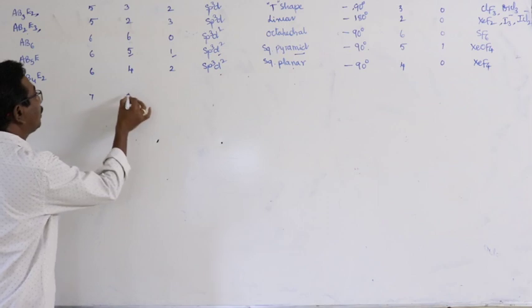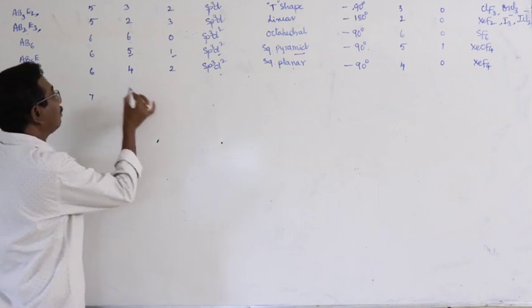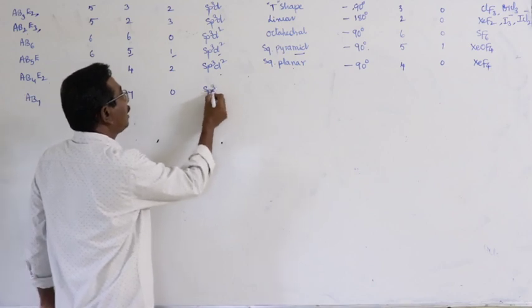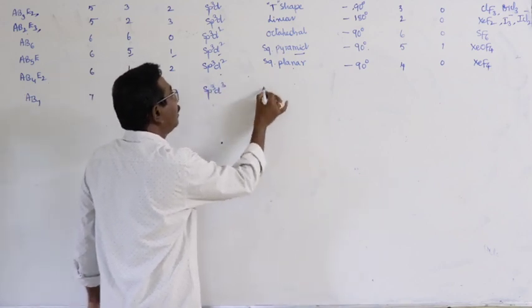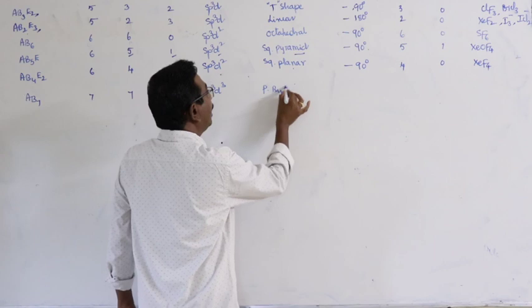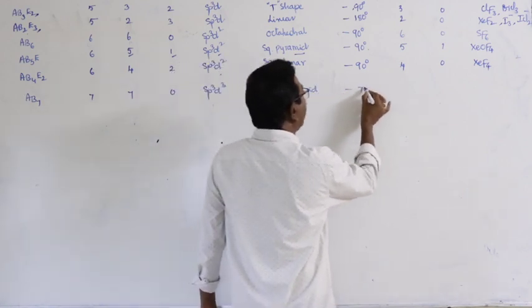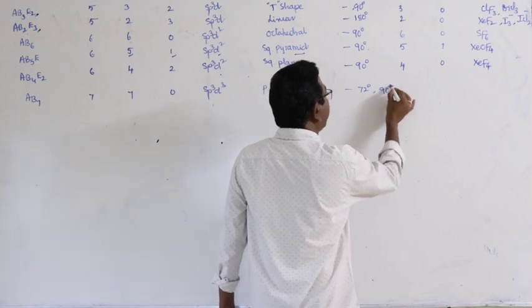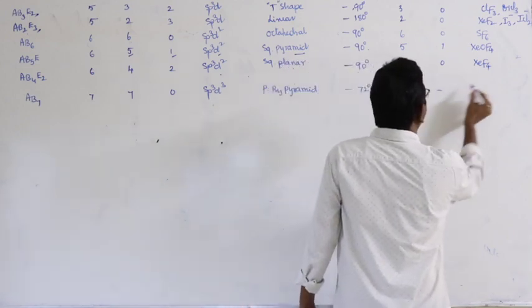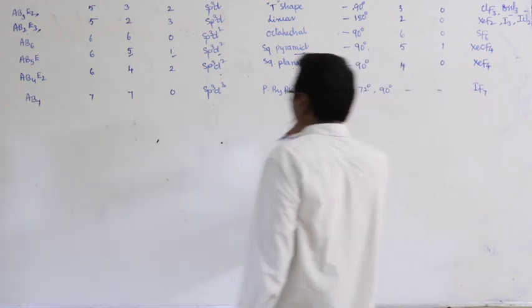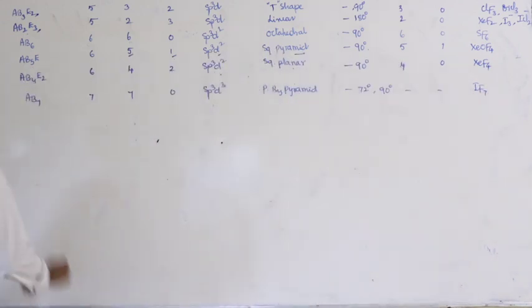AB7: 7 electron pairs, 7 bond pairs, 0 lone pairs, hybridization sp3d3, pentagonal bipyramid, bond angles 72 degrees and 90 degrees. The molecule is IF7.